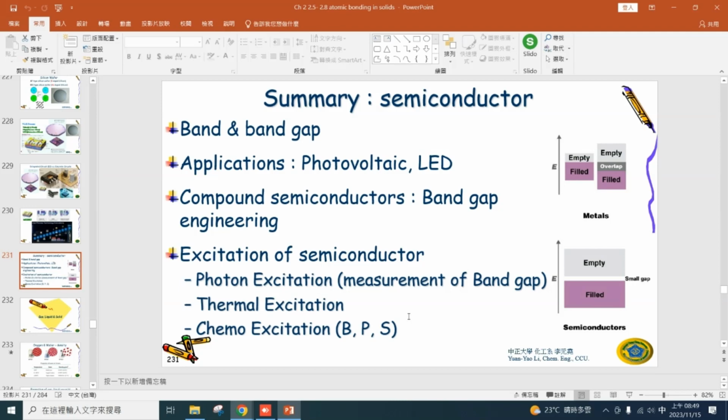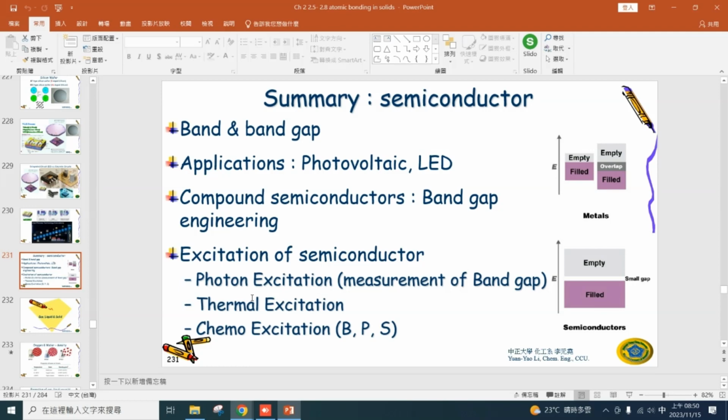And if we introduce elements in group 5A of the periodic table, like phosphorus or arsenic, then we produce an N-type semiconductor. N stands for negative, so we have more electrons in the semiconductor.